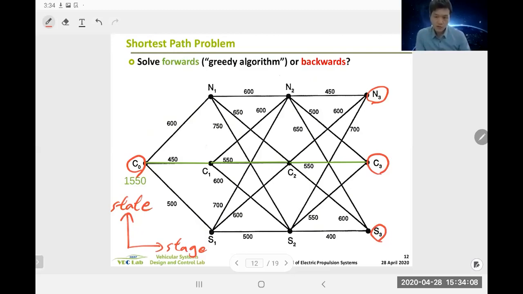It doesn't matter which state we fall into. We just want to get to stage 3. Okay. And usually stage is sometimes time for many optimal control problems, but it doesn't have to be. In some problems, this is not time, okay?